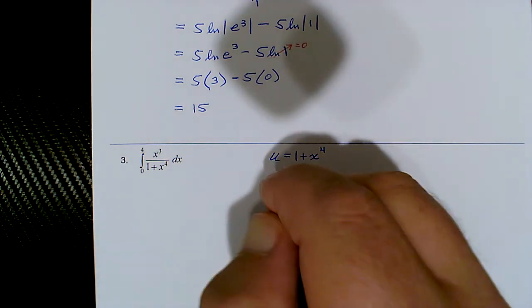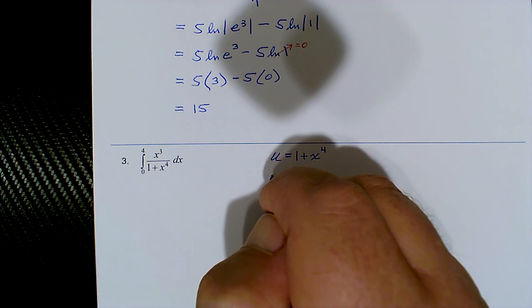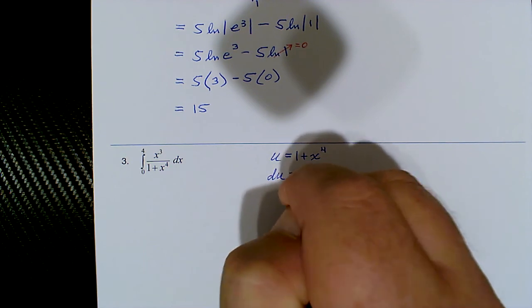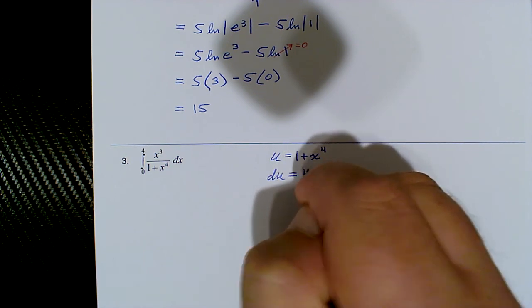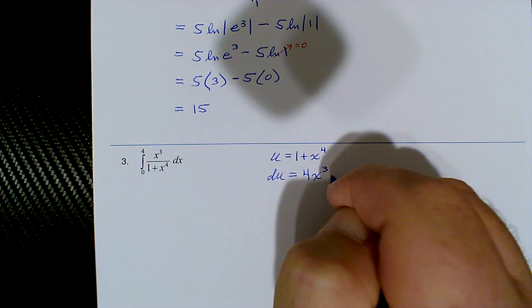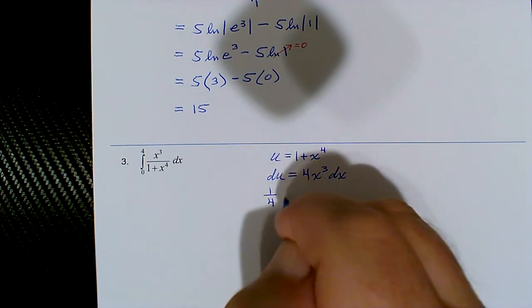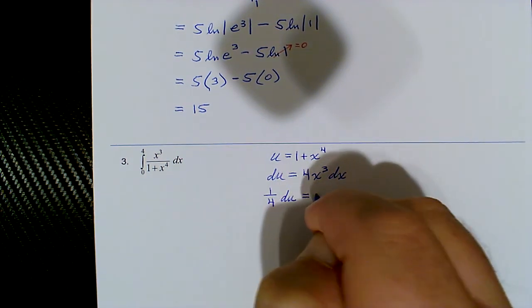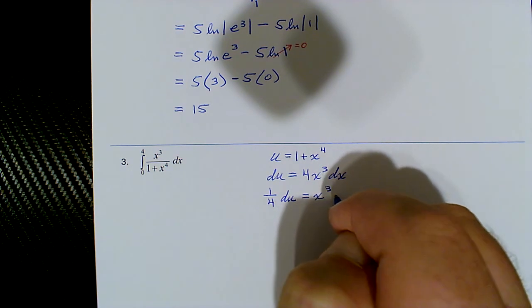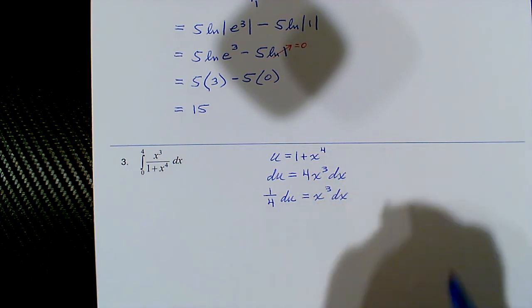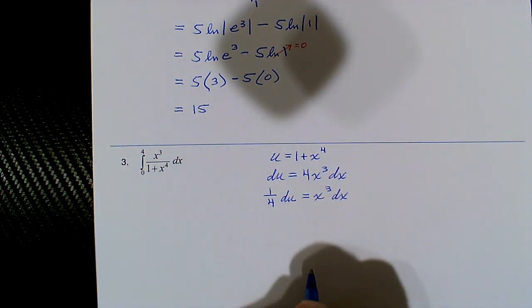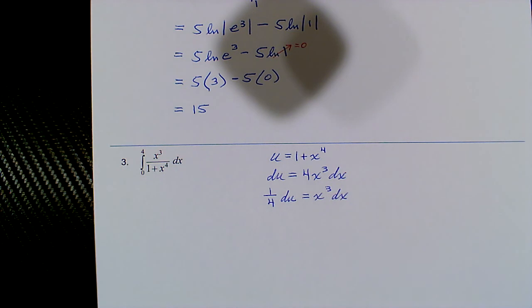But we follow through with the particulars off to the side by choosing u to be 1 plus x to the fourth. We have du is 4x cubed. Don't forget differential dx. Modify, we get 1/4 du is x cubed times the differential dx. And at that point, we make the change of variables.